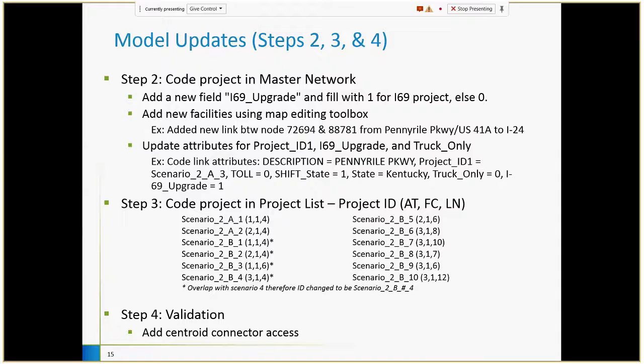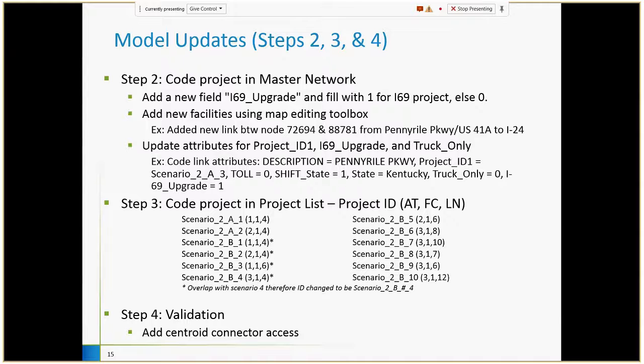This scenario did include coding new facilities, adding new links, updating the project attributes, and in step 3, defining those user-defined scenario IDs, which there are a lot of because there's a lot of different attribute combinations that need to be accounted for.